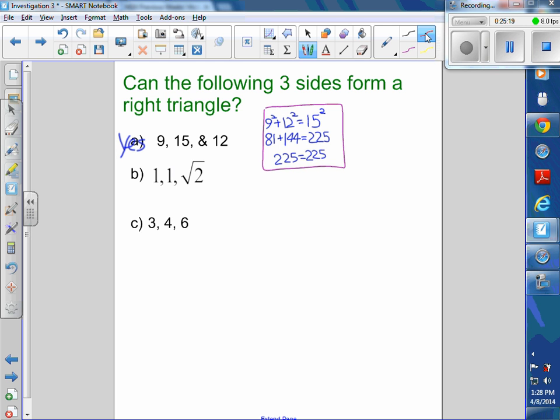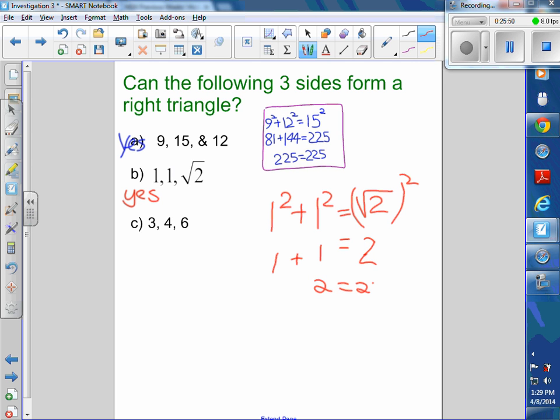Right, so how would you set it up? 1 squared plus 1 squared equals the square root of 2 squared, right? And what is the square root of 2 squared? 2, right? So 1 plus 1 equals 2, true or false? True, right? So we say yes, this one is true because 2 is equal to 2.